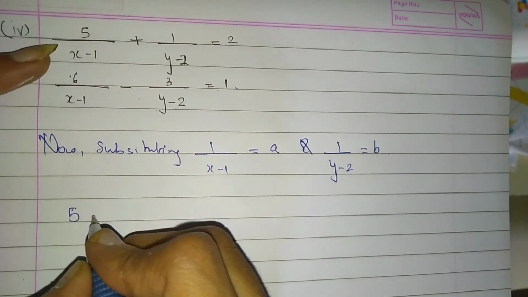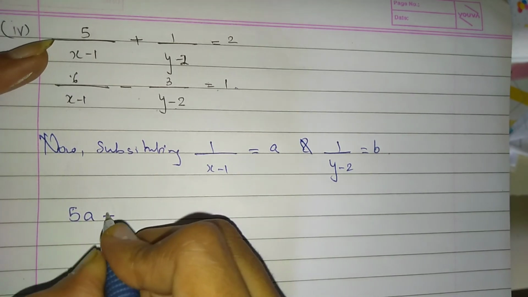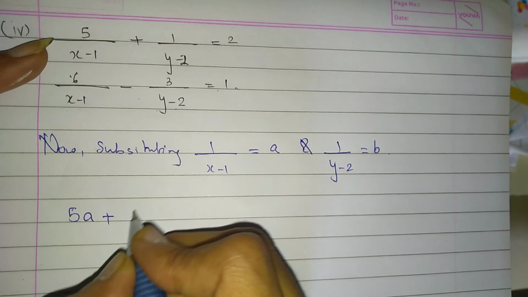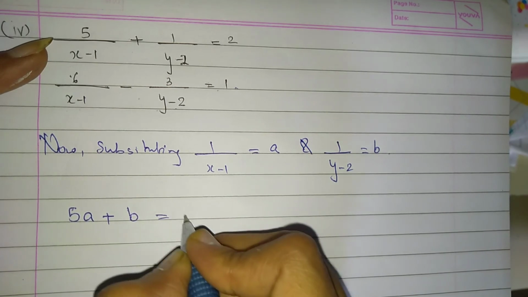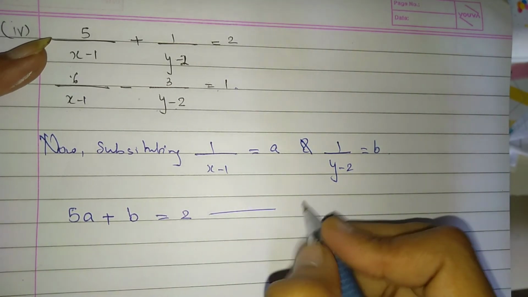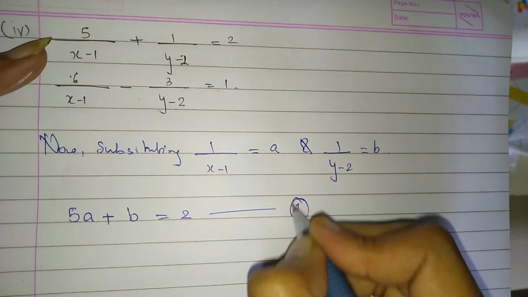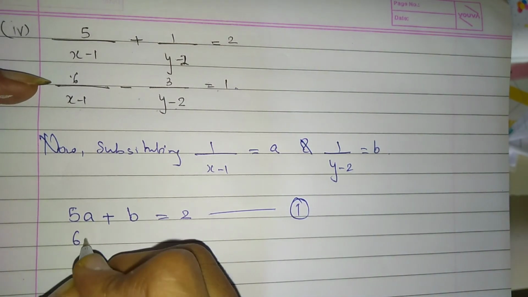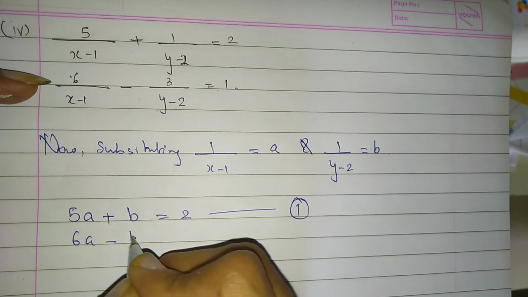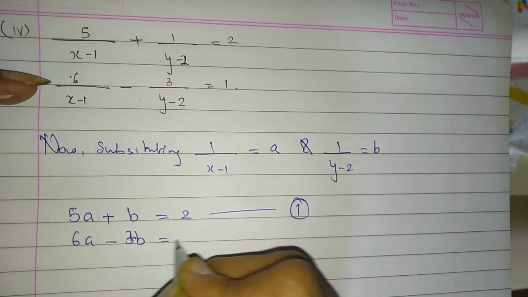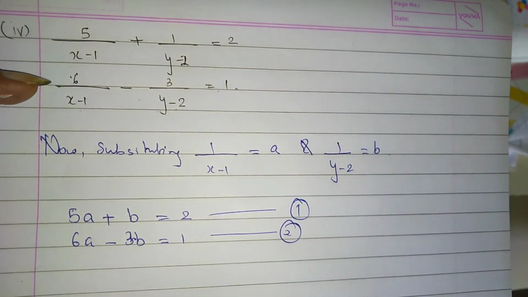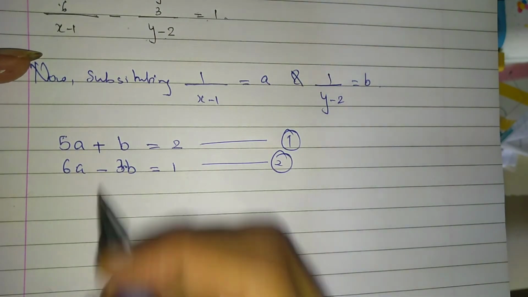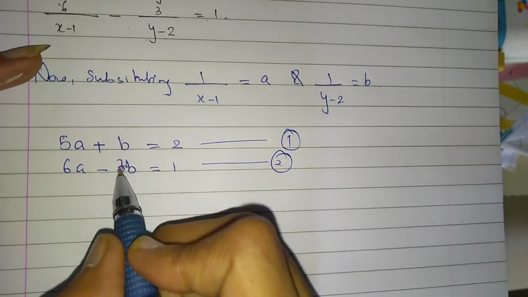5a plus 1 into b is b equal to 2. Equation 1. And in this one 6a minus 3b equal to 1. Equation 2. Now one variable we have to cancel. So take this 3.